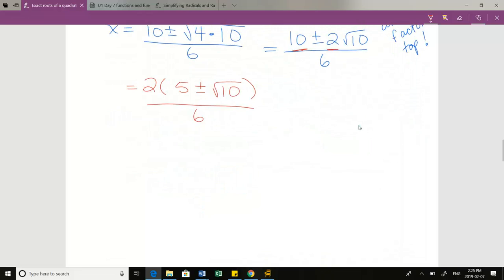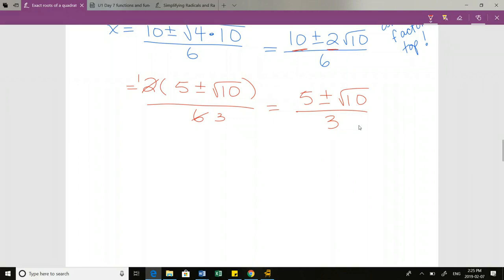So what can I reduce 2 and 6 by then, Elise? Yeah, so it'll be like 1 over 3. And so I now have 5 root 10 over 3. So the 2 and the 6 get reduced by 2.